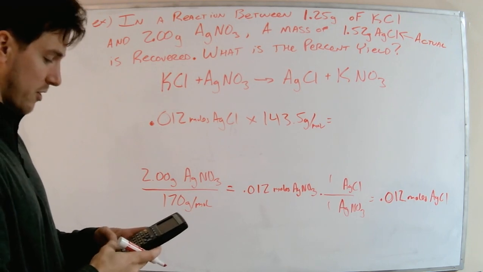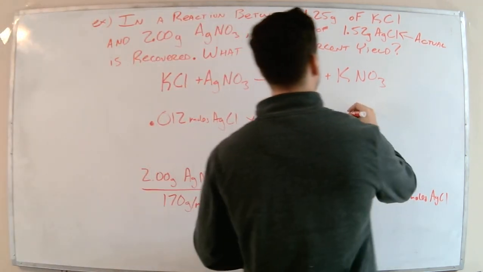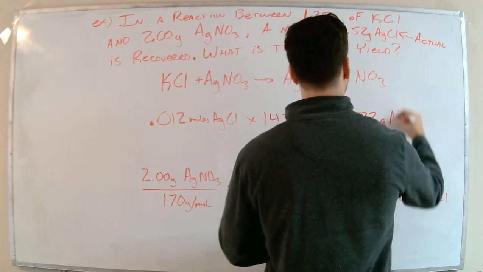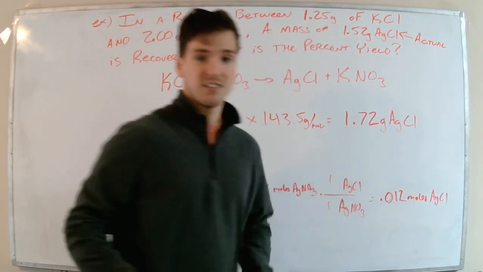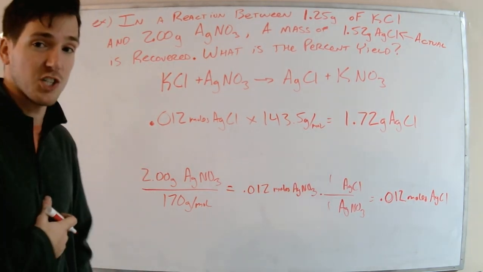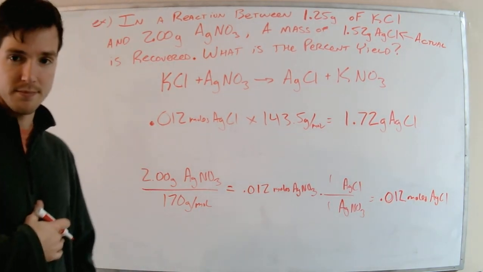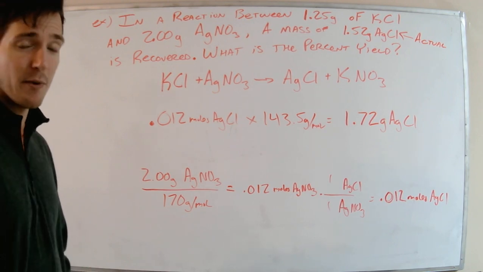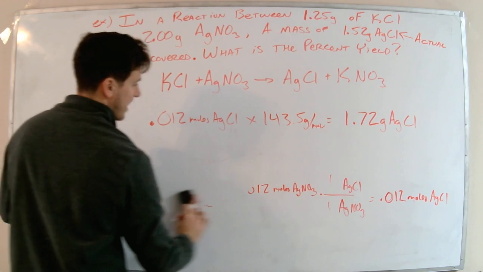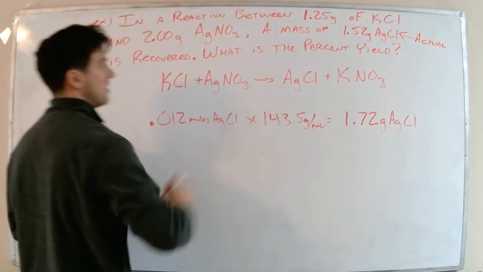So we multiply those together, and we'll get something like 1.72 grams of AgCl. And remember, that is our theoretical. In perfect conditions, that's what we get. So now we have theoretical. They always give you actual. It is time for some percent yield action.